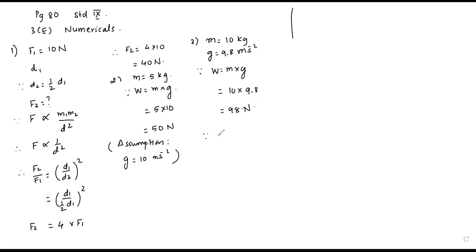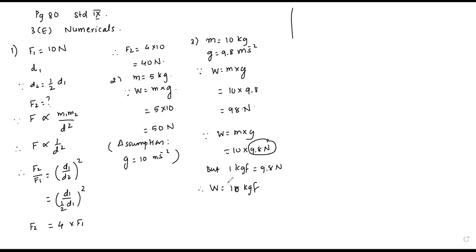Now second part, since W is equal to M into G, which is 10 into 9.8 Newton. But 1 kgf is equal to 9.8 Newton. Instead of this part, I'm replacing it by kgf. So I can write W is equal to M, that is 10 kgf.